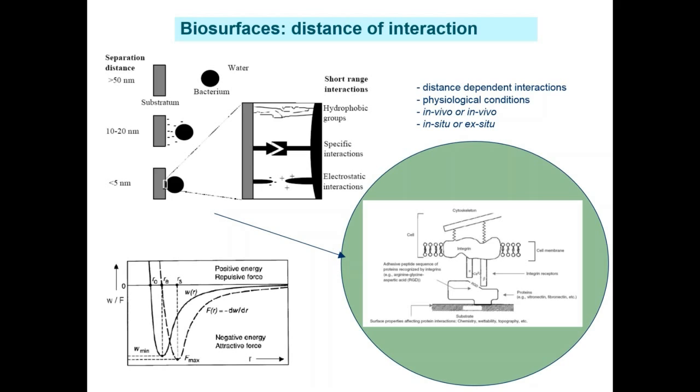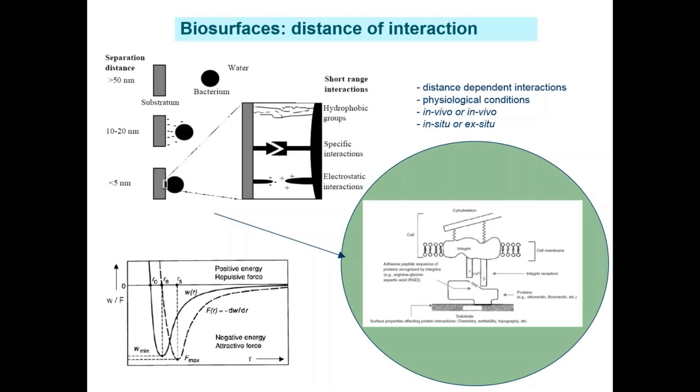That distance, as it goes closer, becomes attractive to repulsive. And that means surface functional groups like hydrophobic groups, electrostatic interactions, or specific biointeractions are important for making a cell compatible.